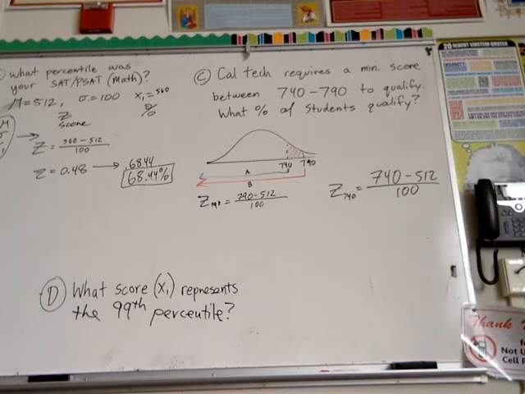So low. So low. For just the math score. The 790 is low? No, should be like in the 98, 99%.